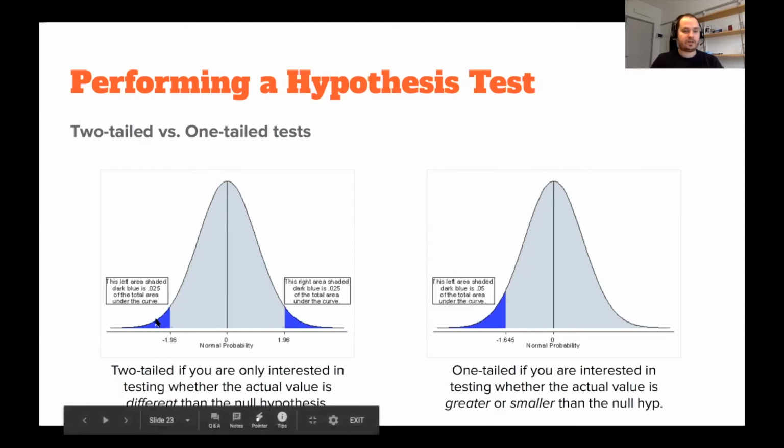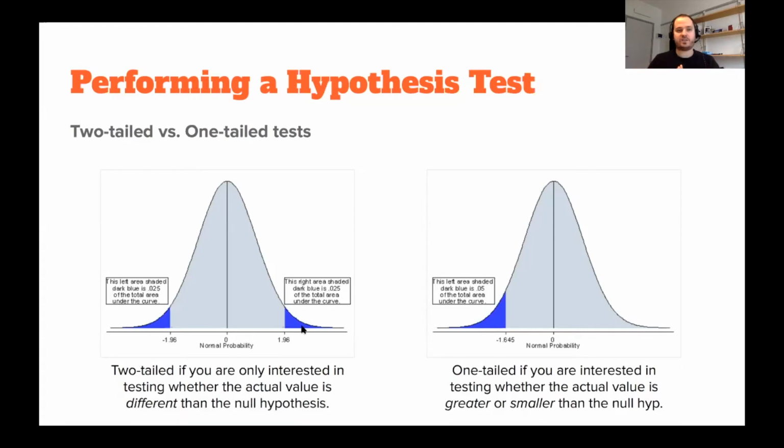But the idea here is that you have this area here with 2.5% and this one, but it's not always the case that in your specific design of your hypothesis test you're actually interested in these two sides.